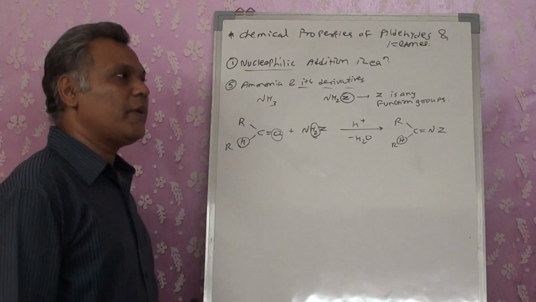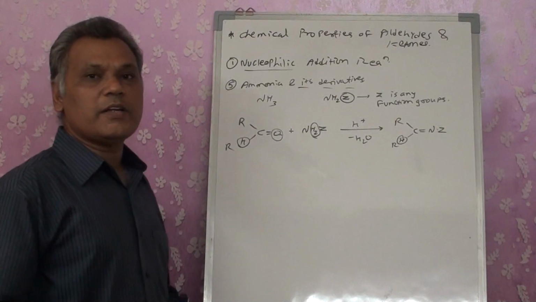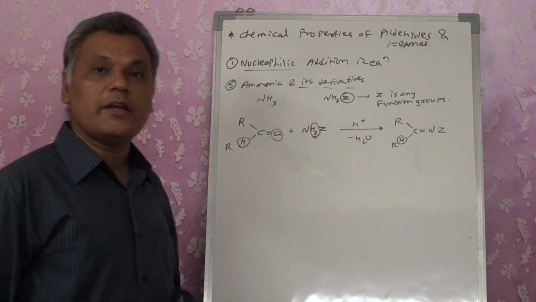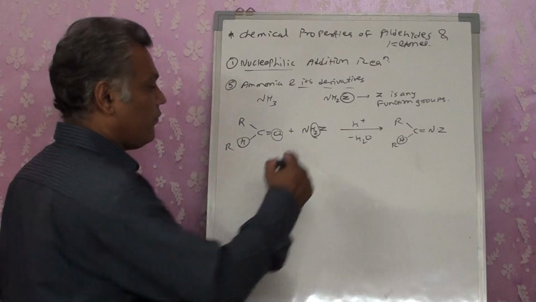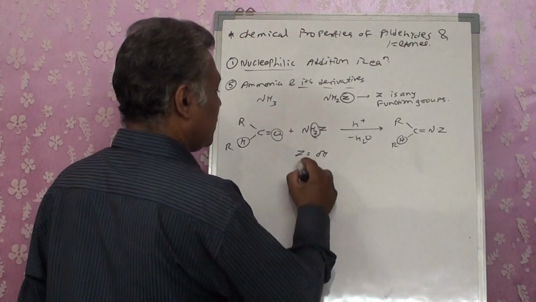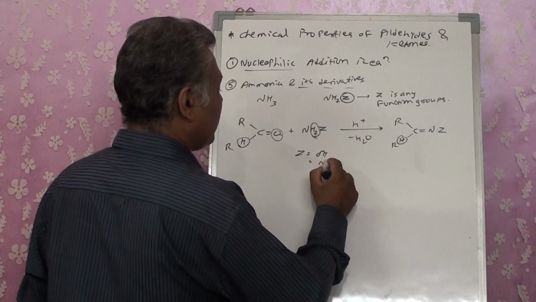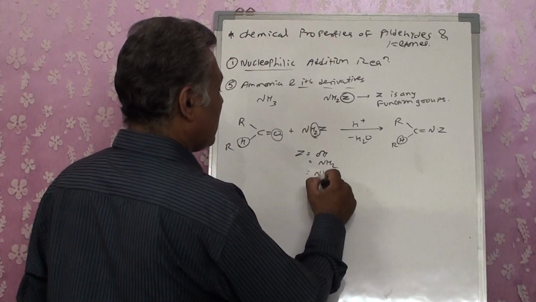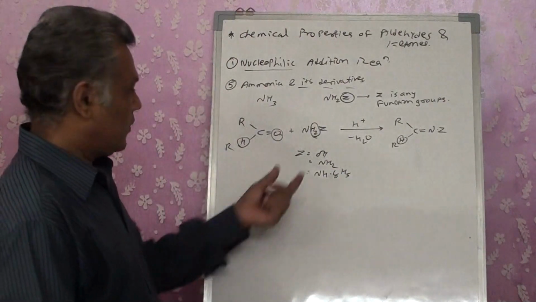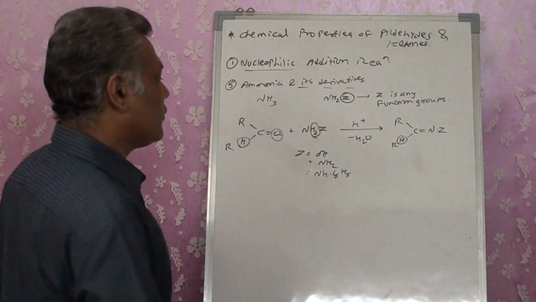We generally term them condensation reactions, but in our textbook it is given as a nucleophilic addition reaction for ammonia and its derivatives, so we'll study it the same way. Now this Z can be OH, NH2, NHC6H5, whichever component it may be, it's going to produce the product.